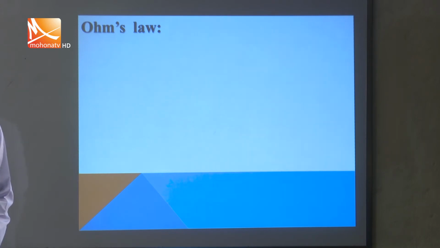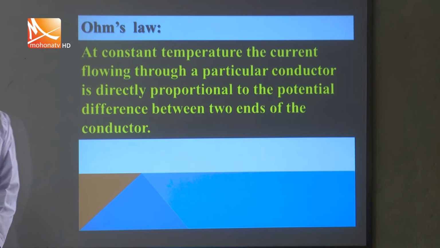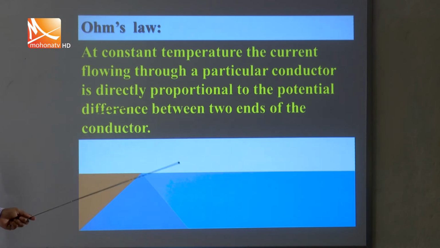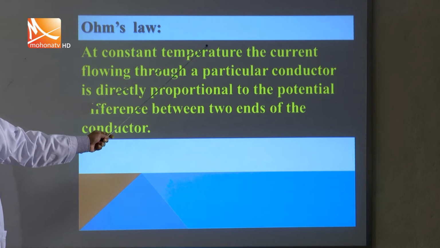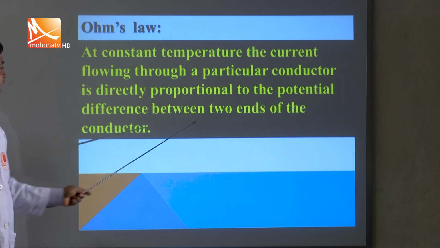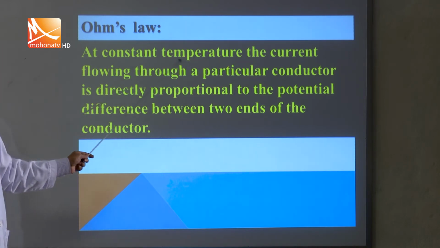What does Ohm, a prominent scientist, basically say? At constant temperature, the current flowing through a particular conductor is directly proportional to the potential difference between the two ends of the conductor. That means, basically, Ohm says at constant temperature, potential difference is directly proportional to current.